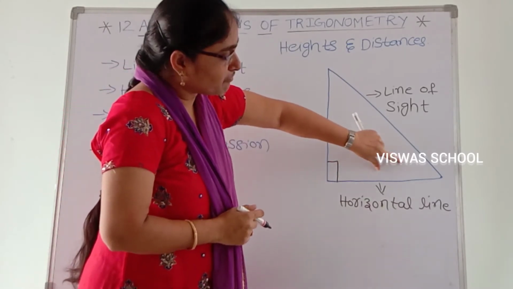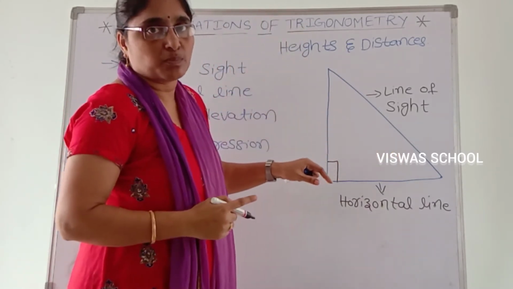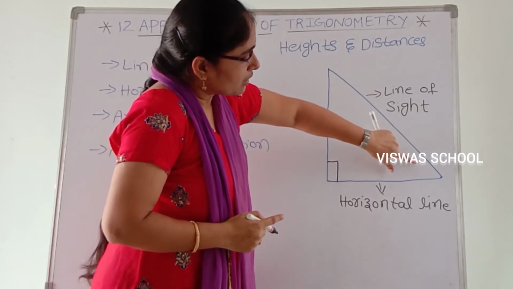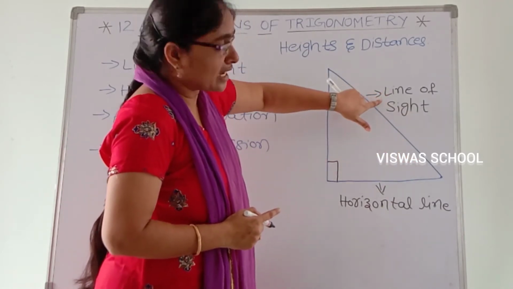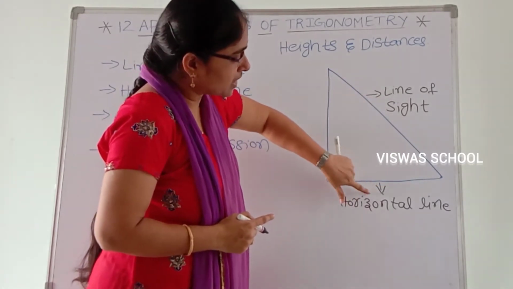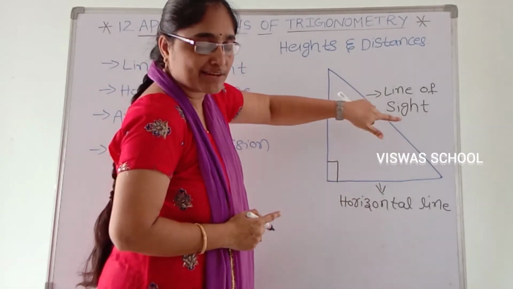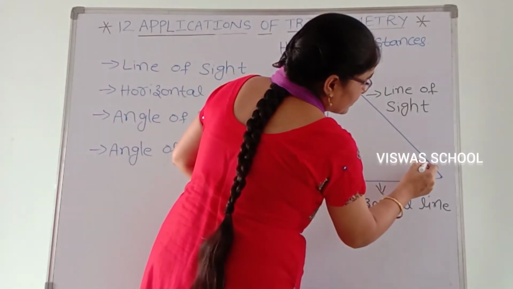When we are seeing the top of the pole, in between the horizontal line and the line of sight one angle is formed.